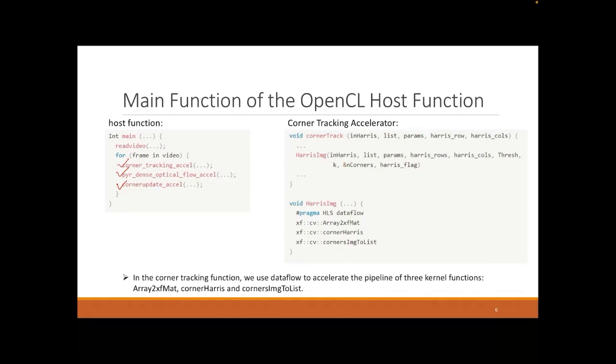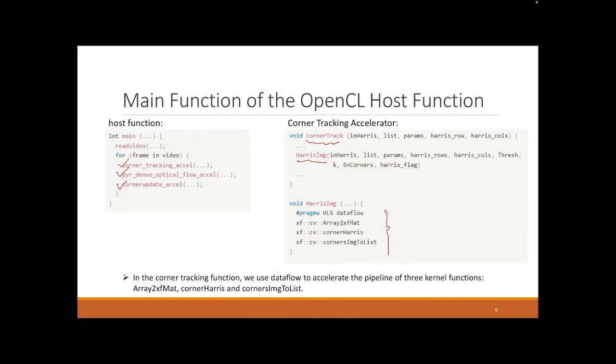And for the right part, this is a corner tracking accelerator. This is a function of corner track, and it just calls a function called Harris image. The Harris image implementation is like this.